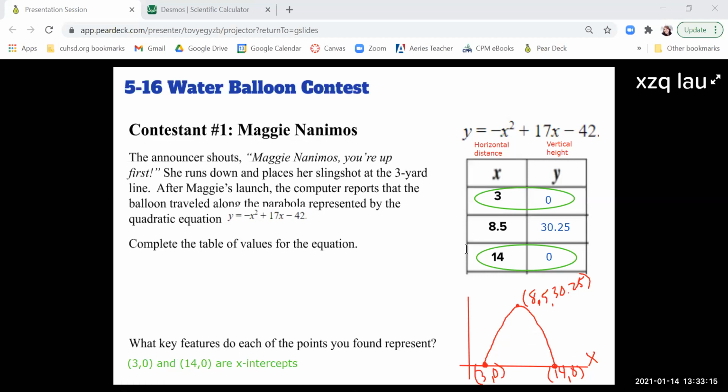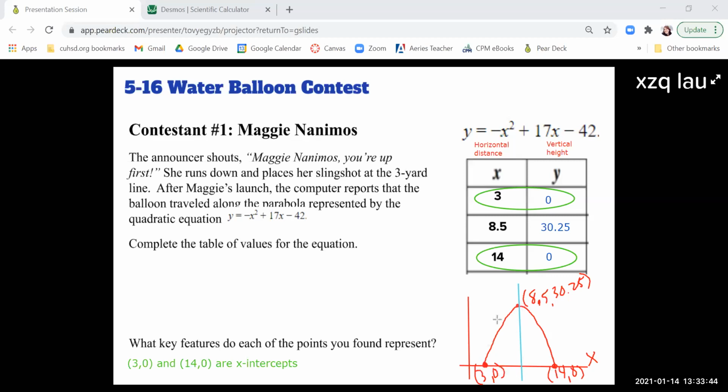And then this other point, 8.5 comma 30.25, actually happens to be right smack in the middle of this parabola. Halfway between 3 and 14 is 8.5. It's exactly halfway. So that makes this the halfway mark.